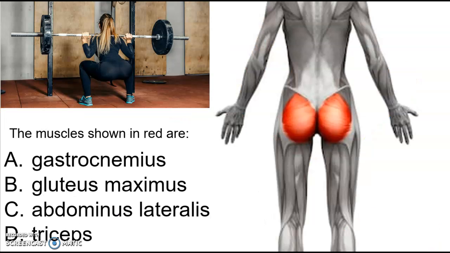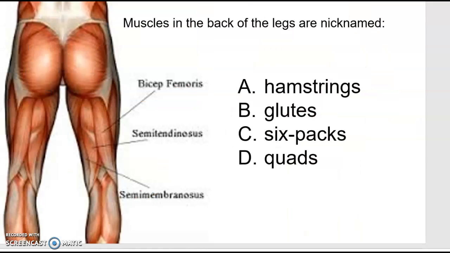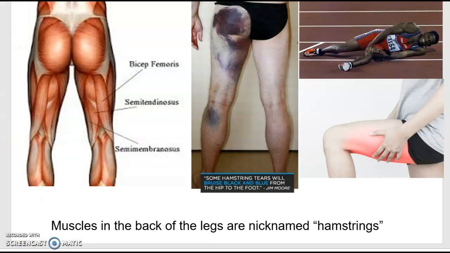The muscles shown here in red are the gluteus maximus. The muscles in the back of the legs have nicknames. These are called hamstrings. Here we can see some people that have pulled hamstring muscles.